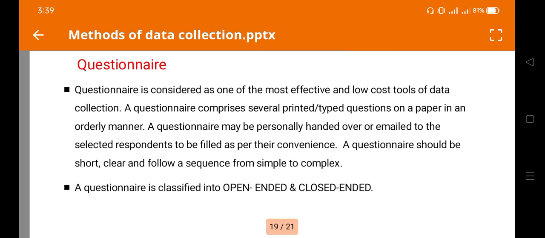In quantitative research there are close-ended questions, because it is objective, while in qualitative research there are open-ended questions, and it is inclined towards subjectivity, because personal opinions are involved in it.